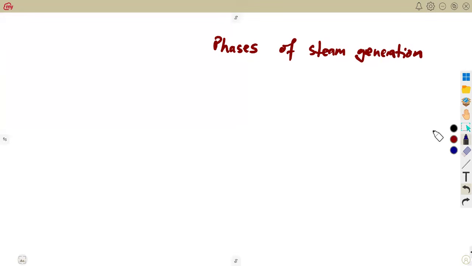As you consider this part, water is heated as you consider the steam, until the water is boiling. These are the stages that we are considering. And there are some terms which you also need to know as you work with steam generation.